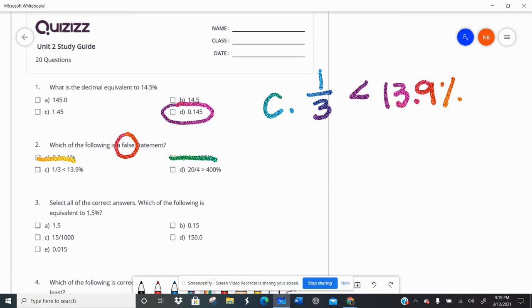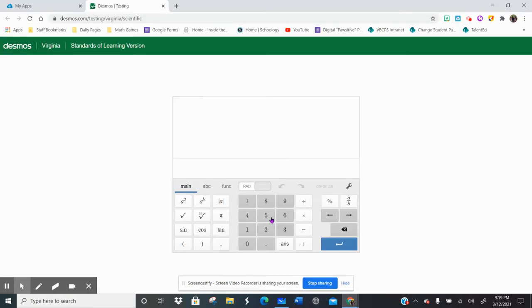I know from all of my years of experience that 1/3 is 0.33333 repeating, right? That's that repeating decimal. If I didn't know that, I would have to do that long division, 1 divided by 3. Or if I had a calculator, I could very simply just do 1 divided by 3.